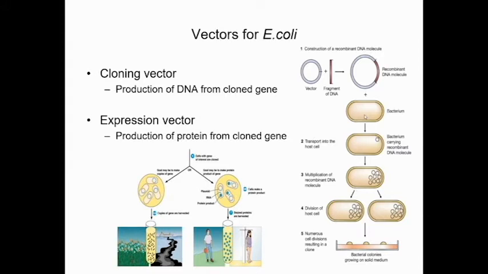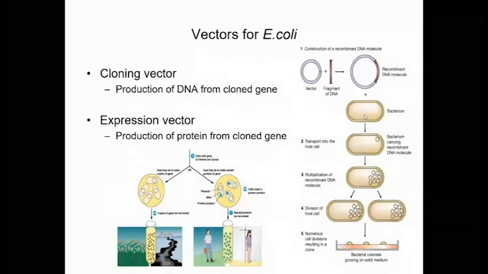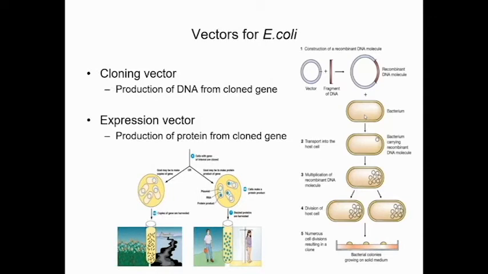Then you apply the technique for transformation, and not every single cell will be able to take up the DNA molecule. Later in the class we will also learn how to calculate the transformation efficiency. Basically, it's not 100%. Maybe only 20%, 30% of the bacteria cells receive this plasmid DNA.